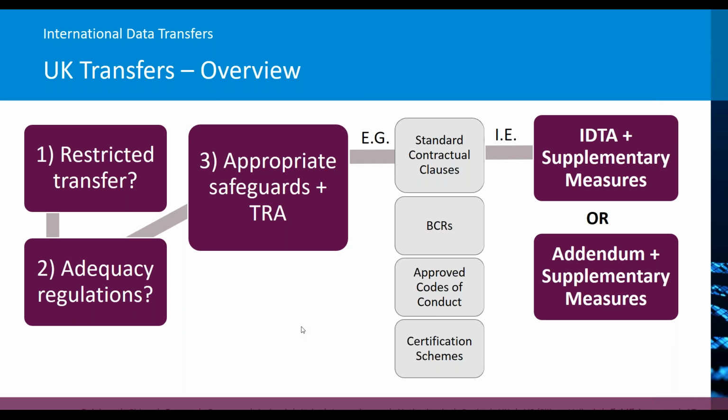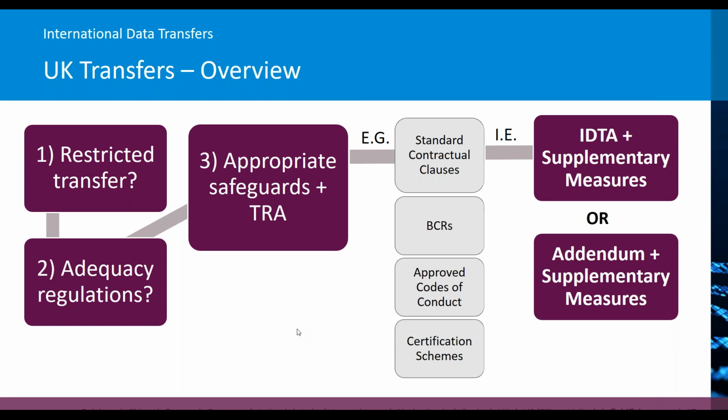Under the UK GDPR, much like the EU GDPR, there are a number of options, but the most common option to use is the standard contractual clauses. The two documents that we're talking about today constitute the UK's version of the standard contractual clauses. That's the UK IDTA and the UK Addendum to the EU SCCs.